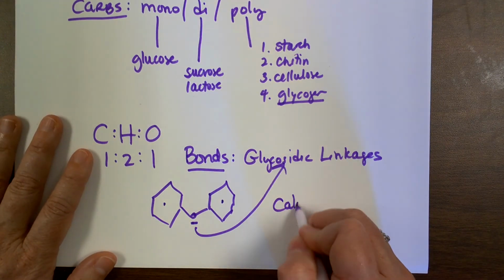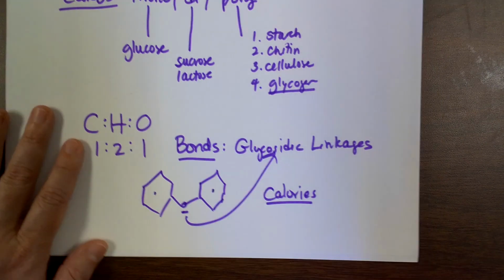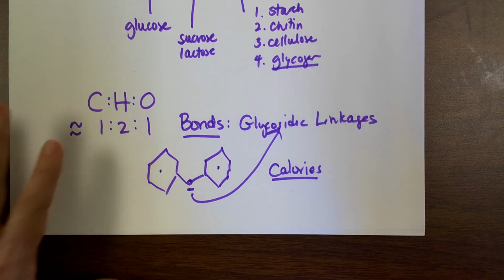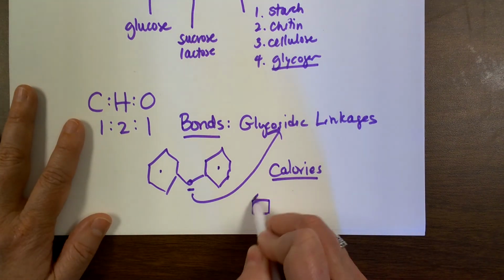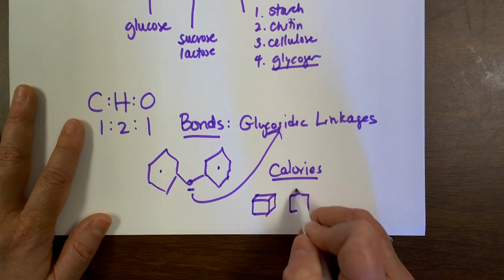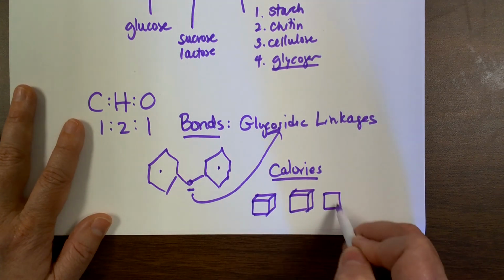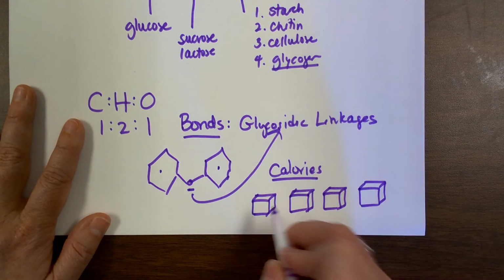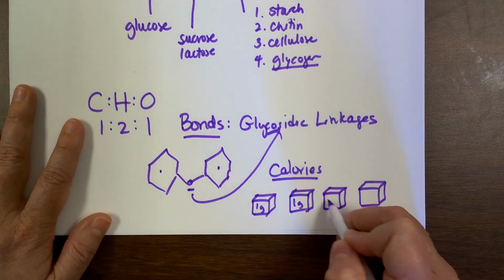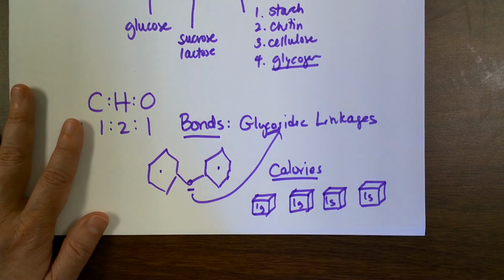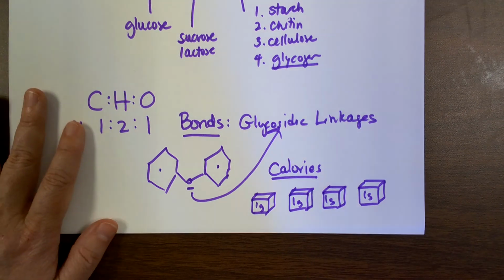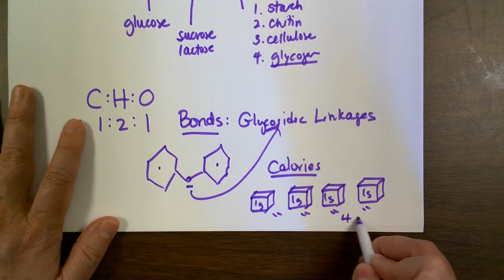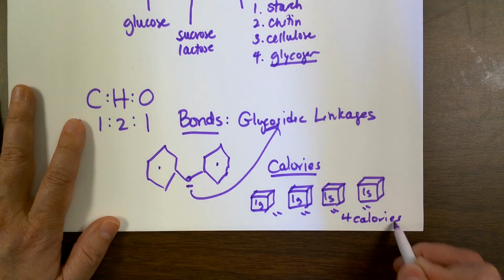Calories. Calories are how we measure how much energy is in food. And every single carb, a piece of apple, a piece of banana, a piece of potato, a piece of liver. Okay, it's pretty gross. If we have a 1 gram sample of a carb, does not matter what type of carb it is, each one of them will give you 4 calories per gram.